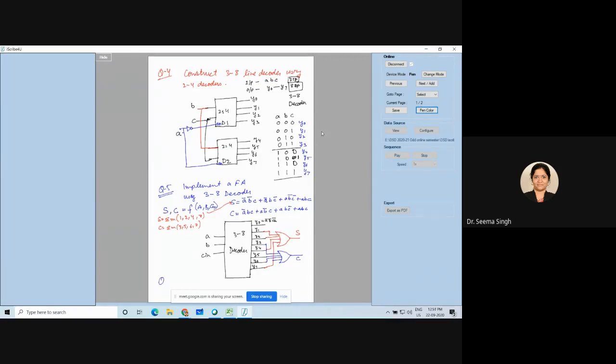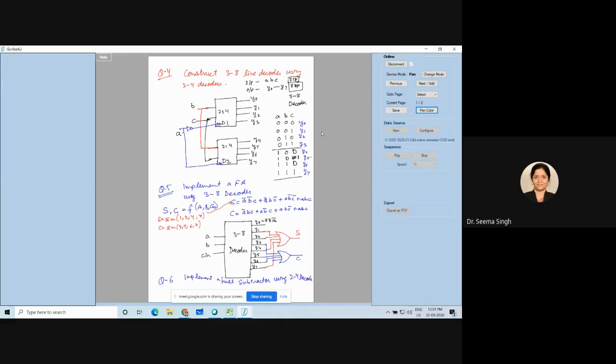Now I am asking you question number 6, which you will do on your own. Implement a full subtractor using a 2:4 decoder is what I am asking.